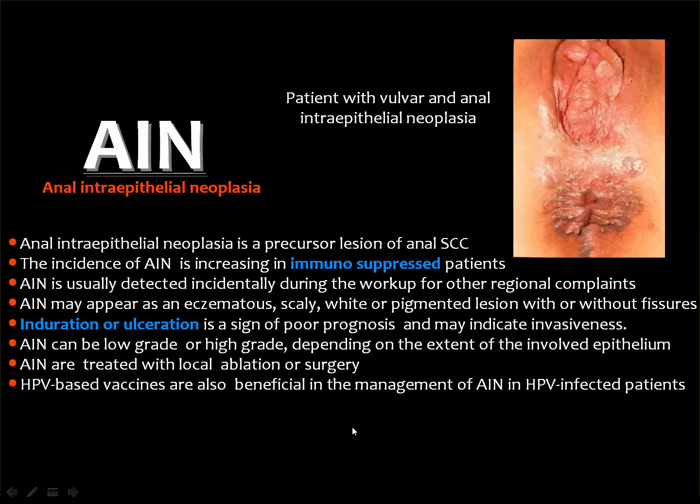Then we came to the malignant lesions, starting with this skin pathology, anal intraepithelial neoplasia, which is considered the precursor for anal squamous cell carcinoma. This lesion is seen in particular in immune suppressed patients and may be detected incidentally during the examination of this area for other complaints.